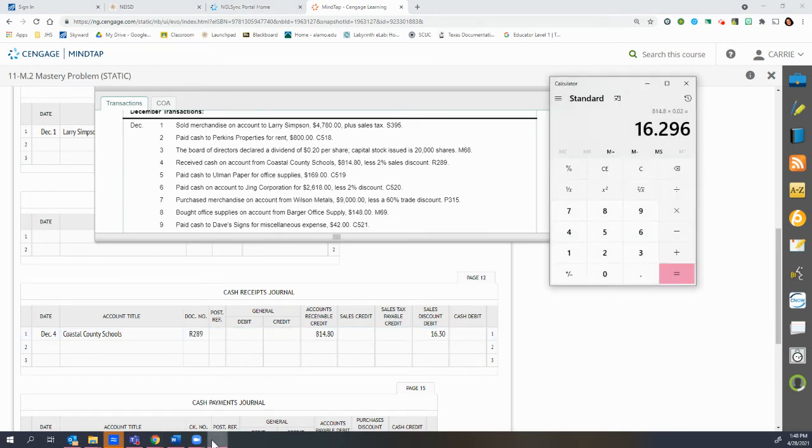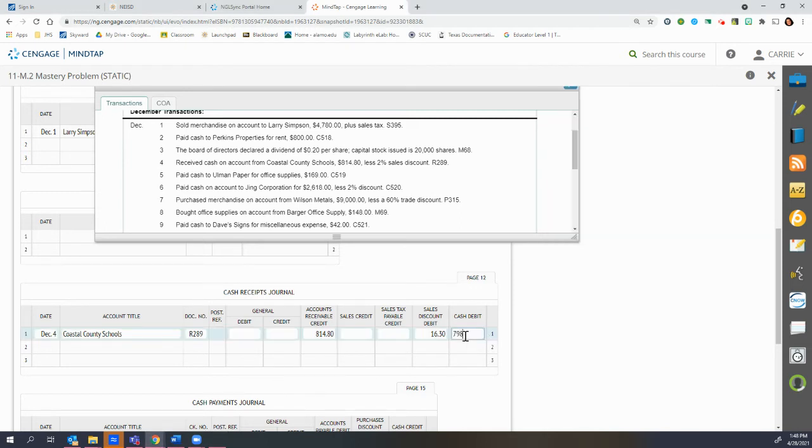And then we're going to subtract that for the cash: $798.50. So remember, last year people would get this wrong all the time because they would do the accounts receivable credit for the amount of the cash, but that's not right because then it would still show they owed you $16.30. You have to do the accounts receivable for the whole amount and then have the two debits add up to the amount.